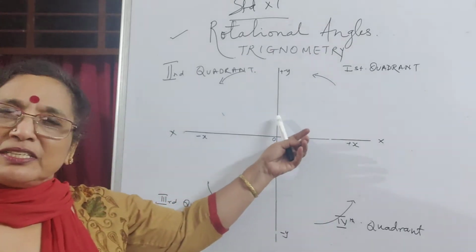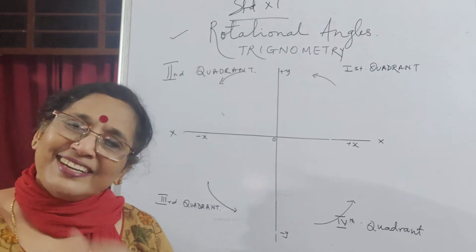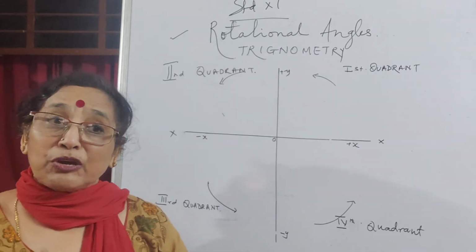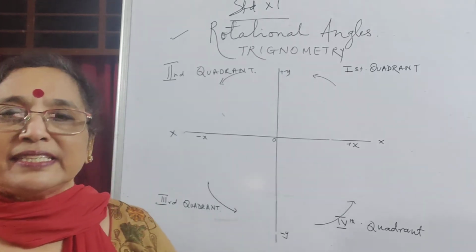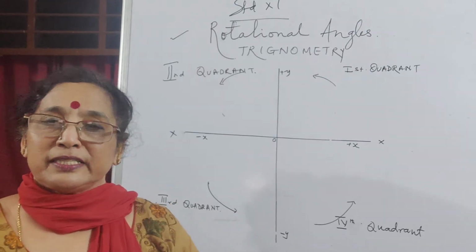Similarly, in trigonometry and rotational angles, we'll be doing angular displacement, right? Now you see in the tables book, you have only 0 to 90 degrees. Angles are only from 0 to 90.